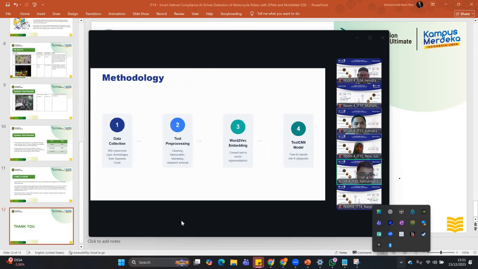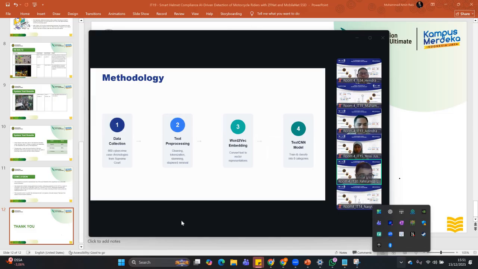For the methodology, now let me walk you through our research methodology. Our process consists of 4 main stages. Stage 1, data collection. We gathered 660 cybercrime case chronologies from the Indonesian Supreme Court decision directory website, ensuring high quality, legally validated data.